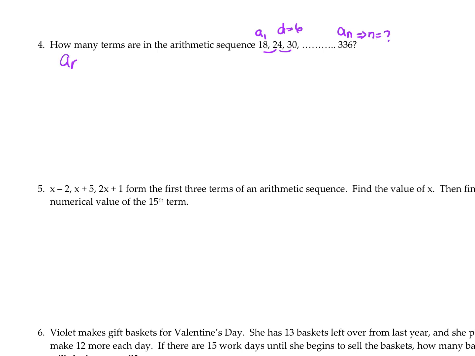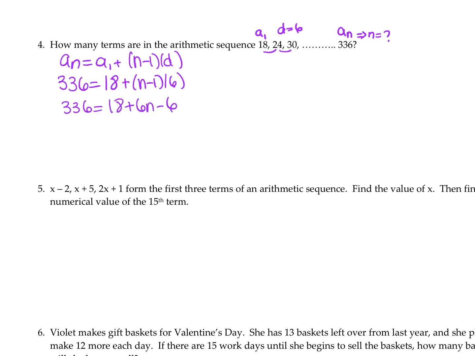So if I use my explicit formula and plug in everything I do know, I can solve for n. So that means there'll be 54 terms in this sequence if the last number was 336.